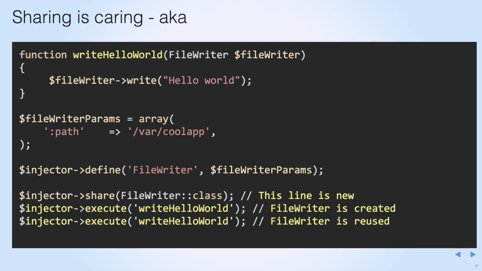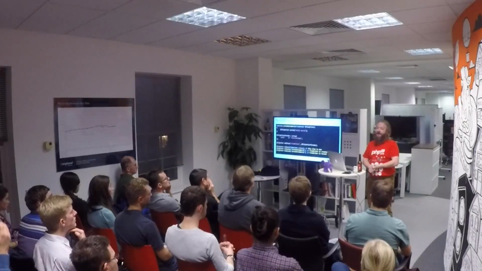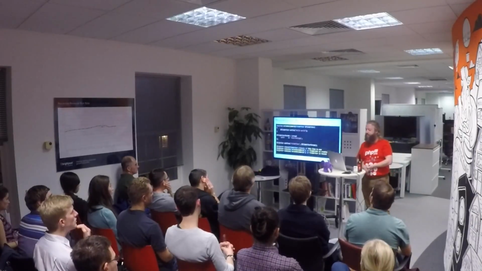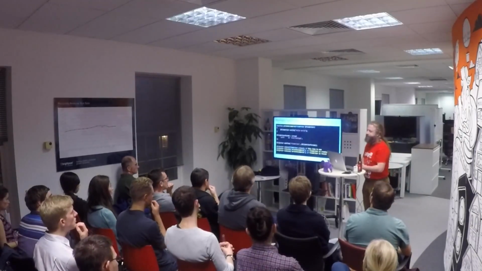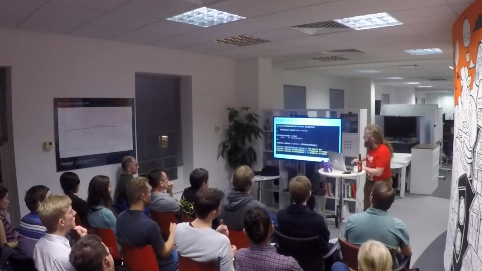For some objects, you only ever want to have one of them. In the past, people have used the singleton pattern a lot to do this, but because we're using a dependency injection container, we can just tell it, hey, we only ever want to have one of this type of object. I won't read the whole thing out. We're running out of time.